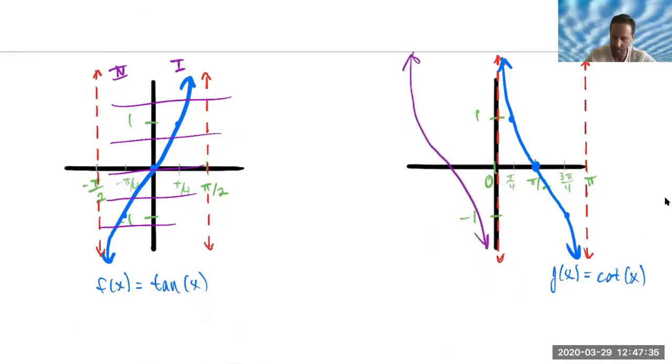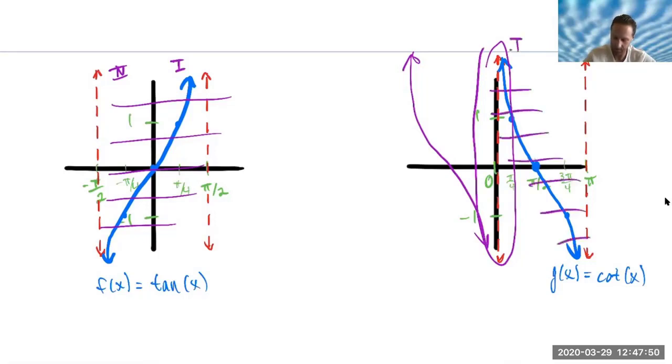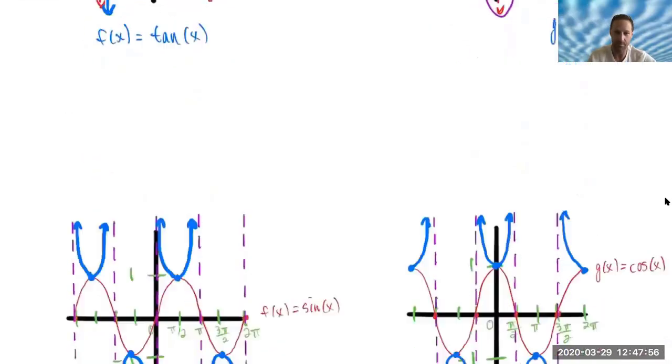But the problem would be that we would have this vertical asymptote in play. And so in this case, for a cotangent, what would be the easiest so that we don't have a gap about 0? We're just going to use quadrants 1 and 2 as well for our positives and our negatives. Okay? And I'll summarize all of this in a minute.